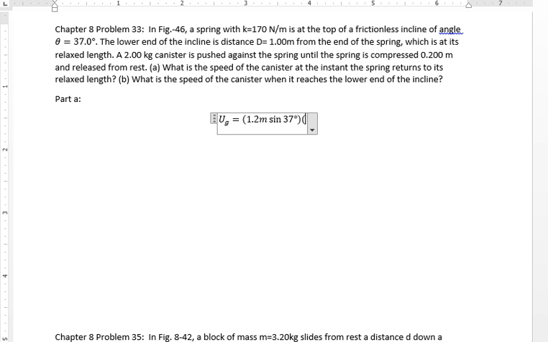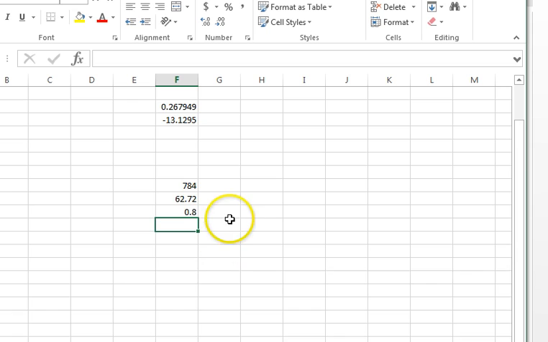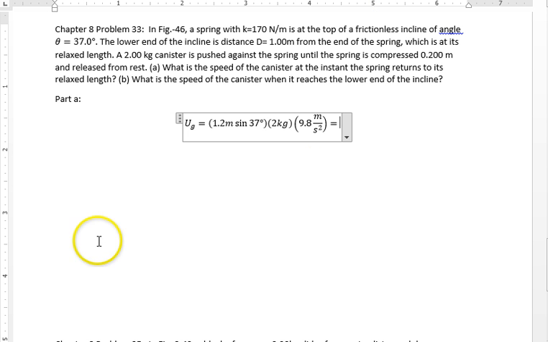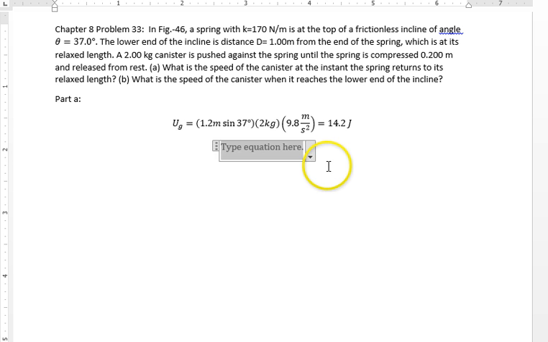Our mass is 2 kilograms, and then 9.8 meters per second squared. This is our total gravitational potential energy when we start the problem. 1.2 times sine of 37 degrees, times 2 times 9.8, gives us 14.2 joules of gravitational potential energy.